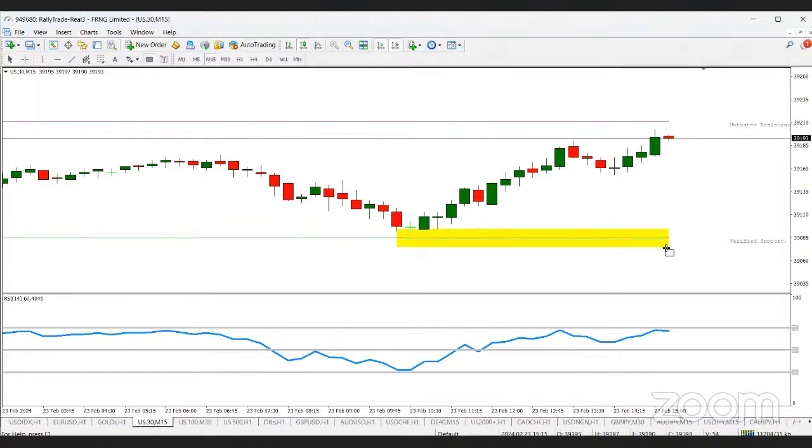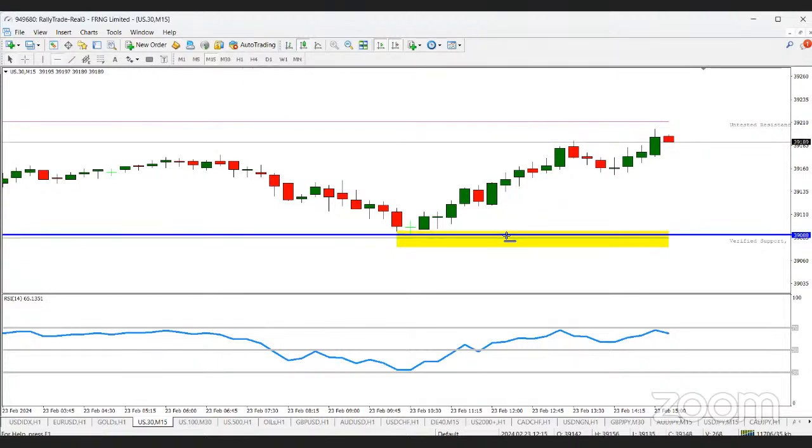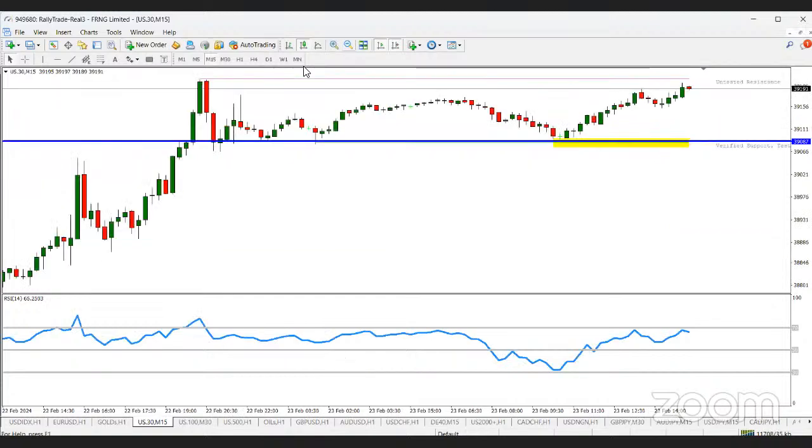This is a zone where I will be looking out for a buy. So anything that makes US 30 go down to 39,085, I'll look out for a buy from there.